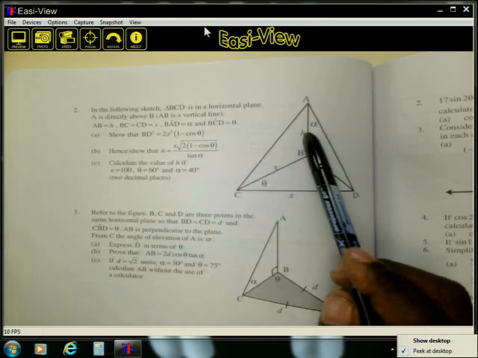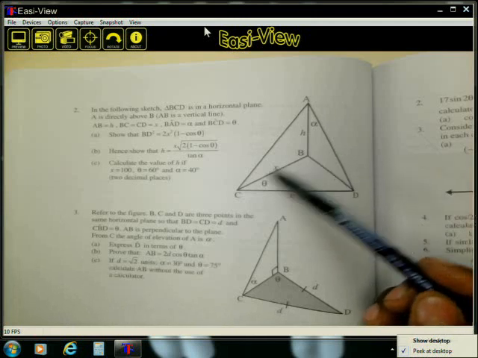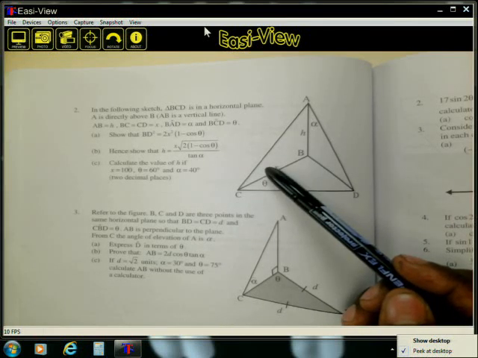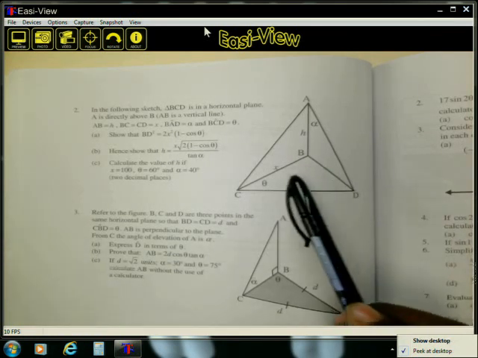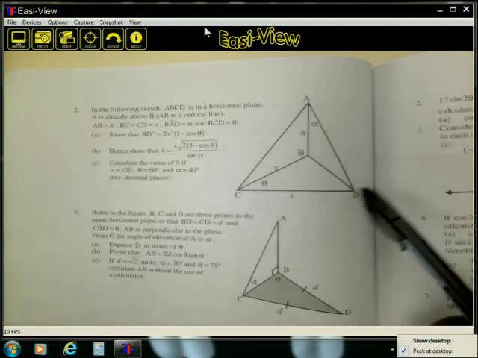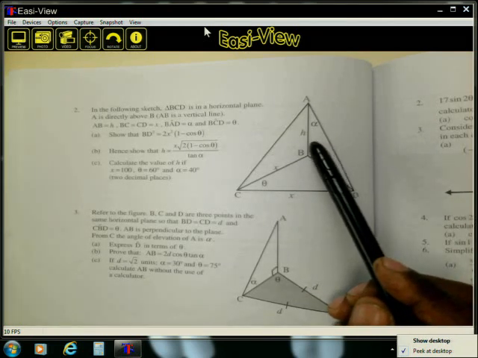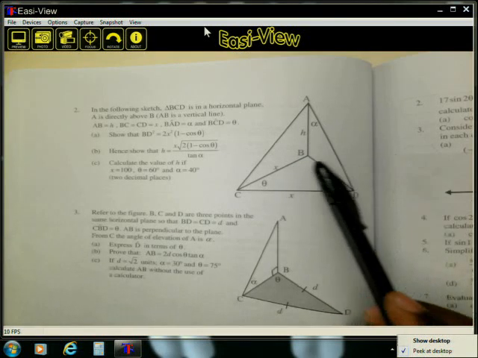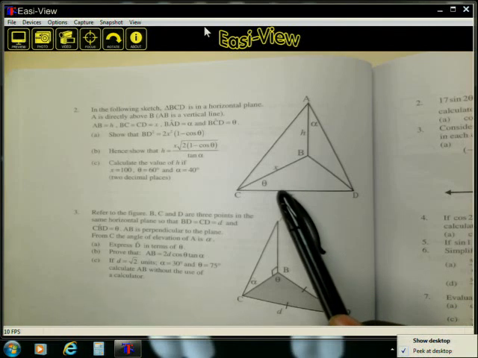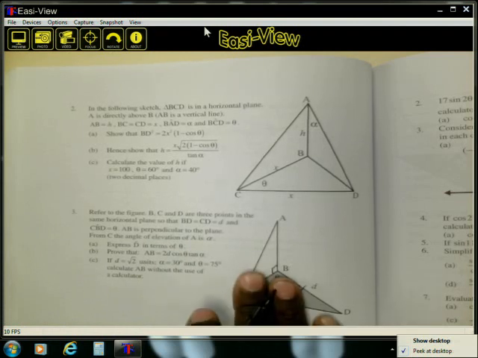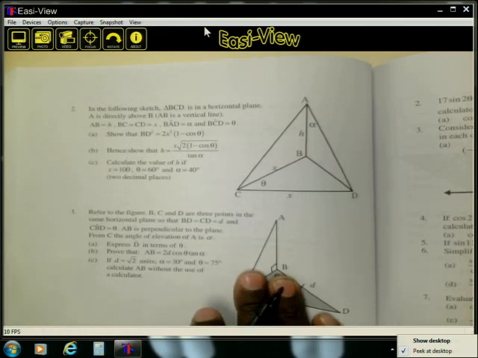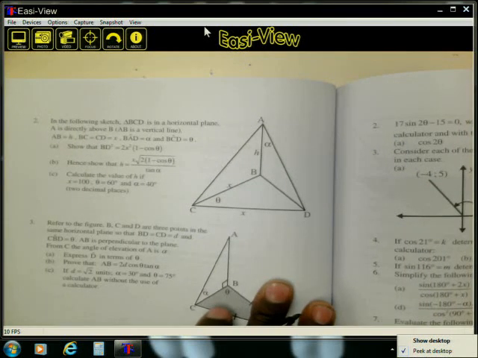AB equals H. BC equals X. CD also equals X. BAD equals alpha, and BCD equals theta. Show that BD squared is equal to 2x squared, 1 minus cos theta.